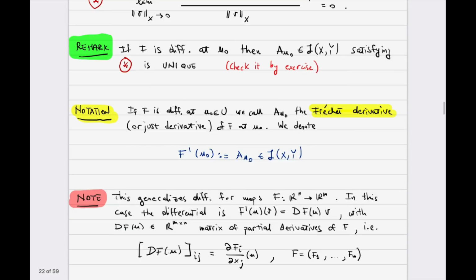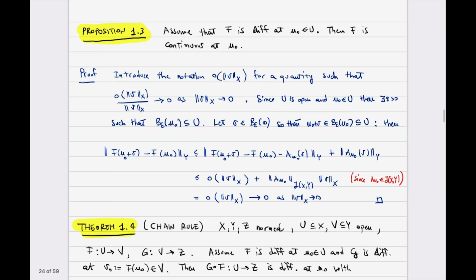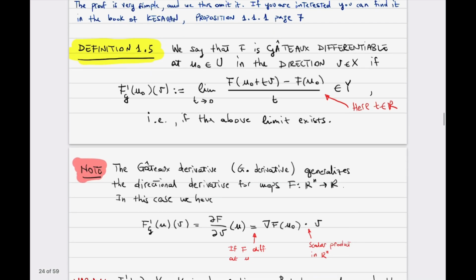Instead, the Gateaux derivative is a constructive definition, if you want. So basically you're saying if this limit exists for the direction v, then we say that this is Gateaux differentiable. So basically this object here can be computed just by computing this limit.